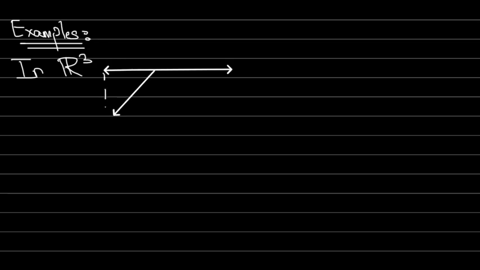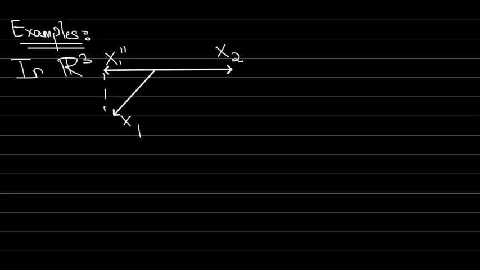Now this vector is x1, and this vector over here is the parallel component of x1. So I'm going to write it like this: x1 parallel component. And then we have over here x2.